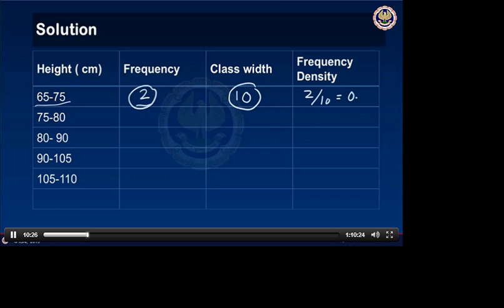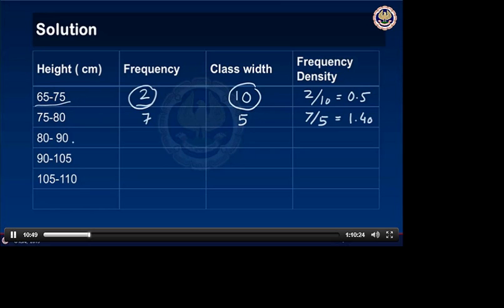So we will get 0.5. Similarly, between 75 to 80, there are 7 students, and the class width is only 5. So it will be 7 divided by 5. This will be 1.4. Remember, the class widths are not uniform. Here it was 10, here it is 5.